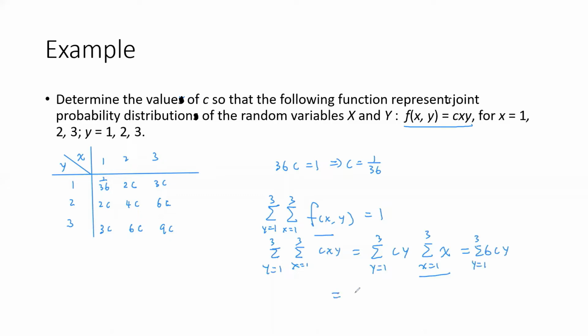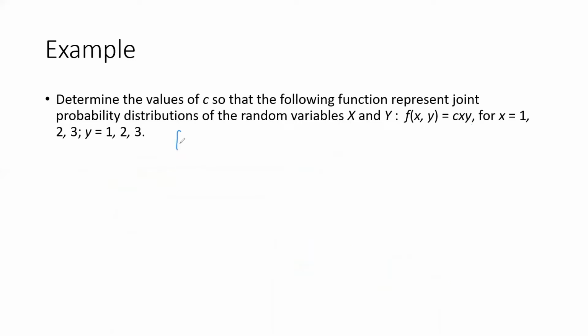Move out 6c, the sum of y from 1 to 3 gets 6 again, 36c equals 1, c equals 1/36. Okay, so that's the joint PMF: f(x,y) equals 1 out of 36 times x times y, x, y equals 1 to 3.